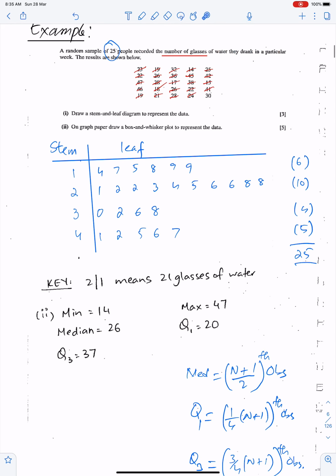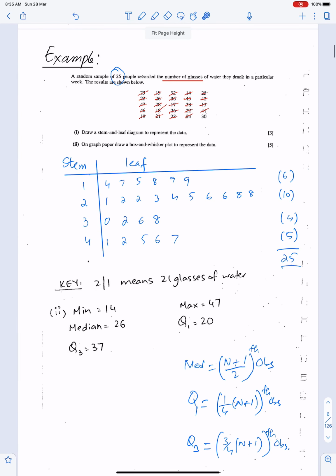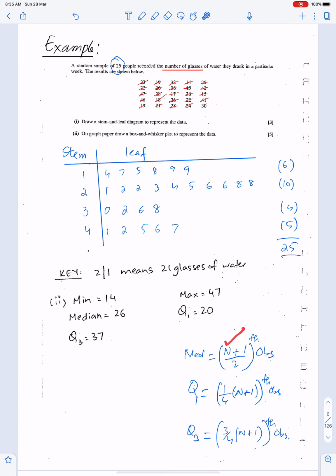See, if you substitute 25 here, then you will get the 13th observation. So the 13th observation is this one: 6, 7, 8, 9, 10, 11, 12, 13. This is the 13th observation. So median is 26. When you put 25 here, you will get, I think, the 6.5th observation. 6.5th means the average of the 6th and 7th observation.